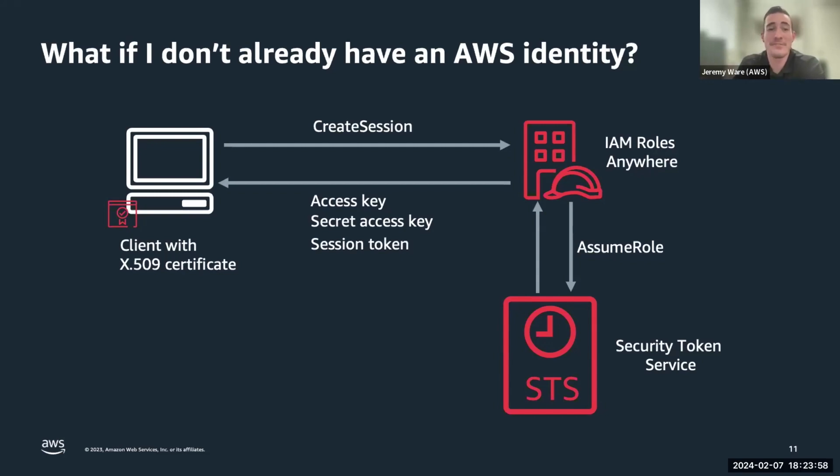IAM Roles Anywhere will evaluate the incoming cert and ensure that it's been vended by the approved, we call it a trust anchor, but the approved certificate authority. And if it matches all the requirements and it was vended by the approved certificate authority, then it will execute an assume role on your behalf and pass back temporary credentials for your workload to do what it needs to do in AWS.